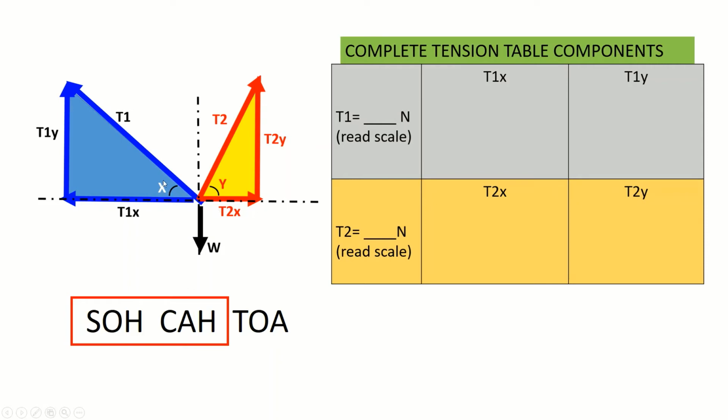Cosine of this angle is equal to the adjacent, which is T1x, over the hypotenuse, which is T1. That way you can calculate T1x. Likewise, you do the same thing for T2x. For T1y, you use sine because now it is the opposite of x. Likewise for T2y, you use sine because it is the opposite of y.